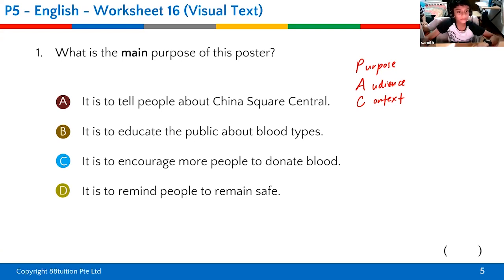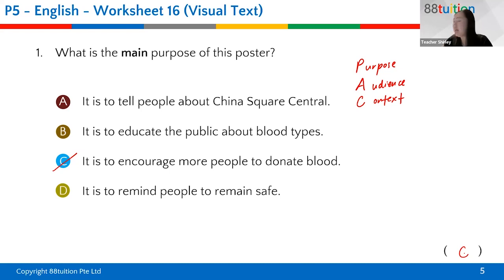I know the answer for this. The purpose. Okay. Oh, would you like to tell us the answer for this? Yes. What do you think is the answer? The answer is C, is to encourage more people to donate blood. That's right. Okay, to encourage more people to donate blood.